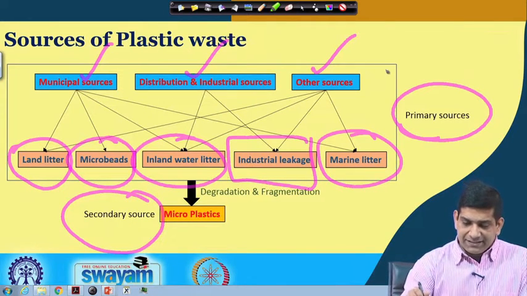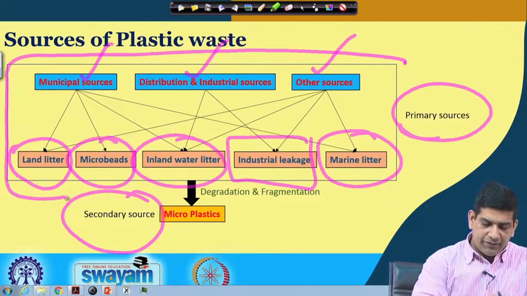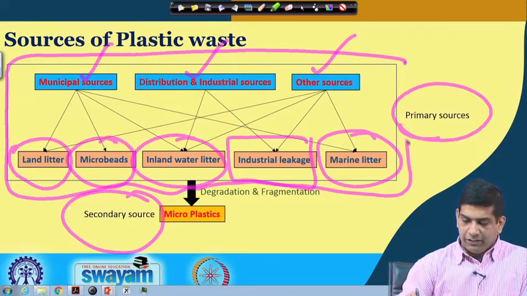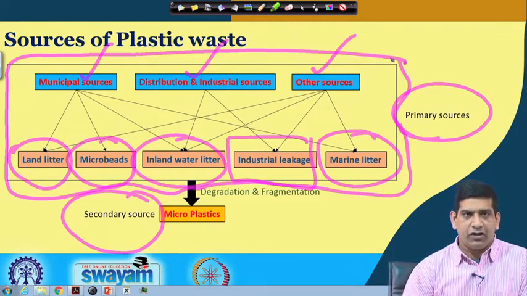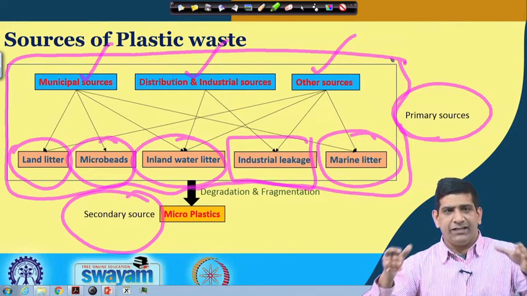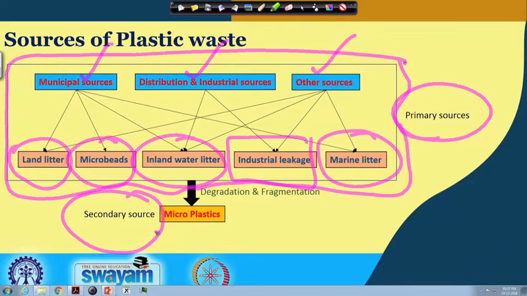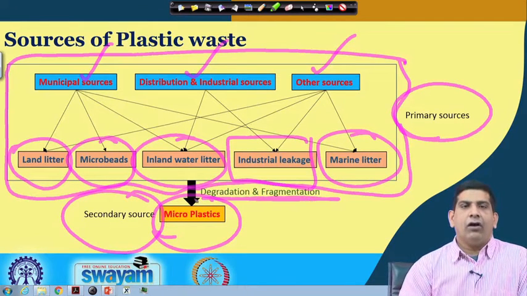Now once this plastic gets into the environment and starts degrading, we're not talking about biodegradation, we're talking about just breaking it down. It gets broken down into smaller pieces. It leads to what is known as microplastics. Microplastics are formed during the degradation and fragmentation of these different types of plastic.